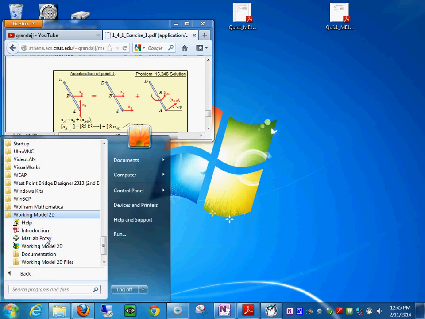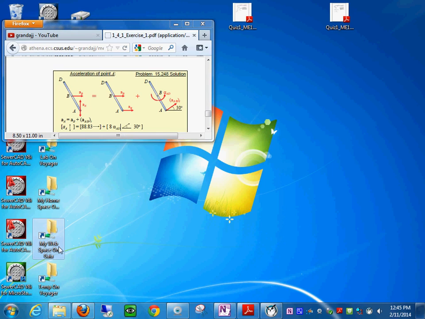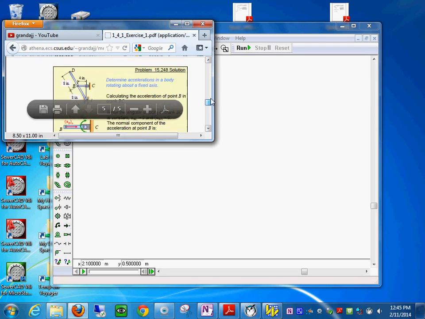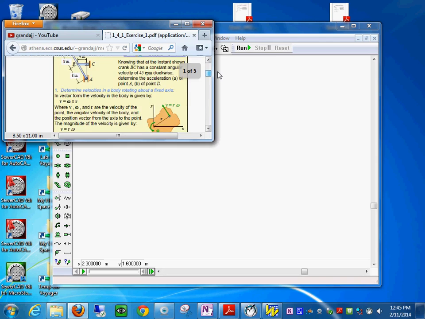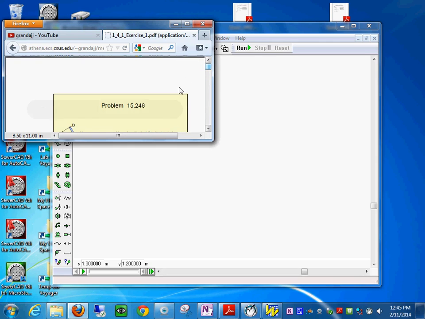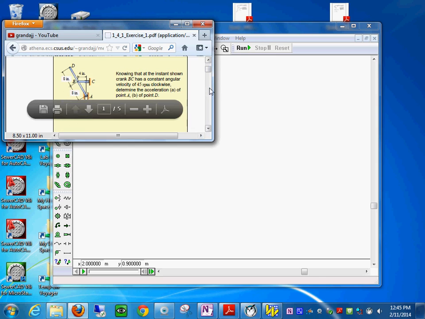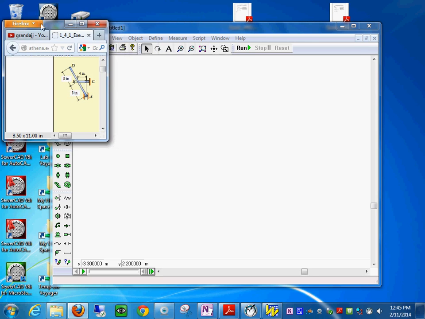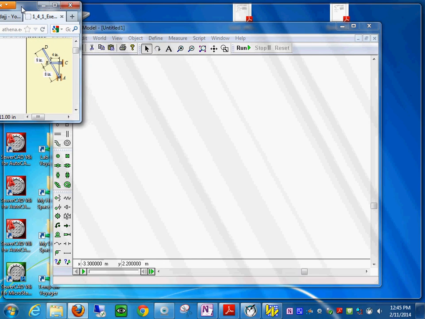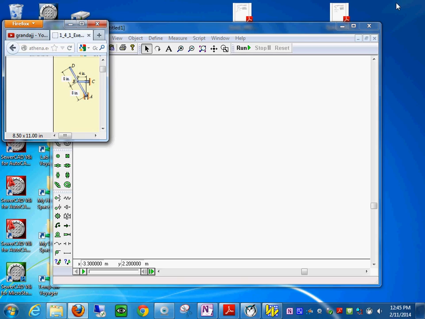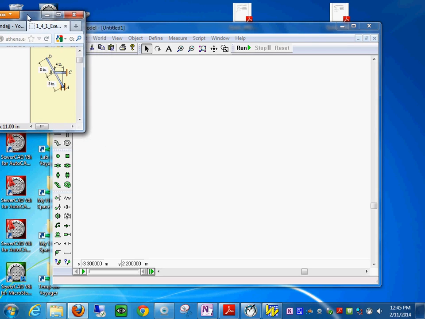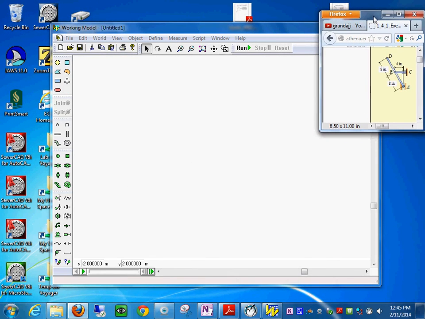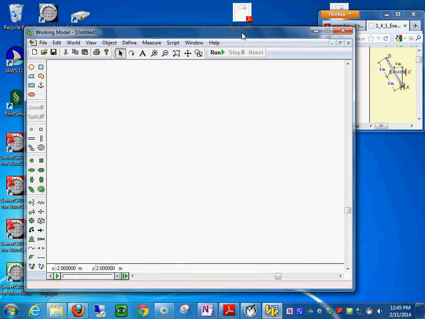So use your creativity here, how you work out with Working Model 2D. Because, let's go back to the original picture. This guy in here, yeah, this is what we need. Okay, oh, I am covering the menus. Let's just keep it over here. There you go.